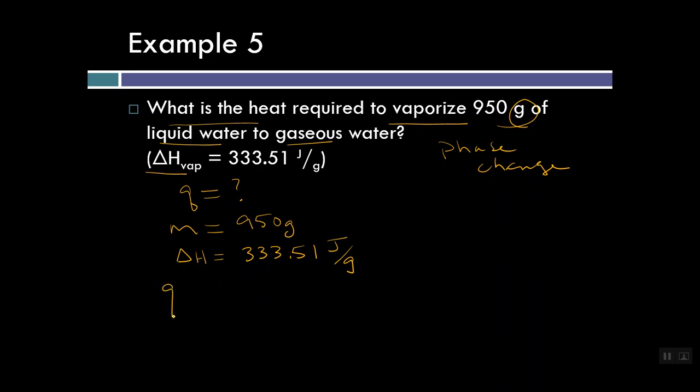So now I'm going to write down my formula. Q equals m times delta H. Trying to find Q. I know the mass is 950, and my change in enthalpy, the change in the heat energy, is that. I'll just put that into my calculator.